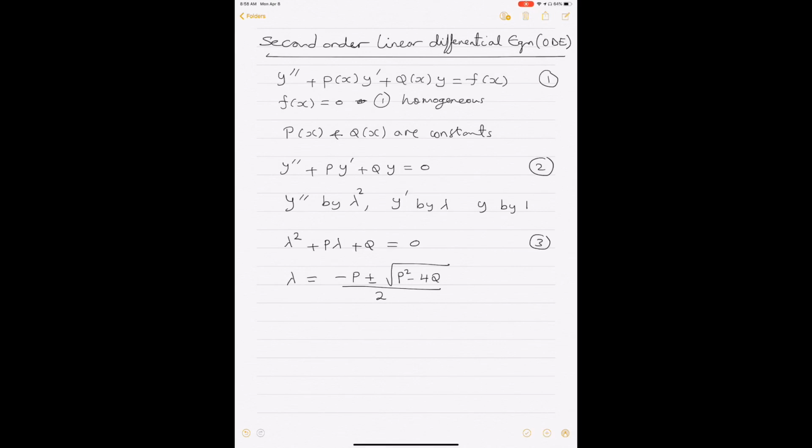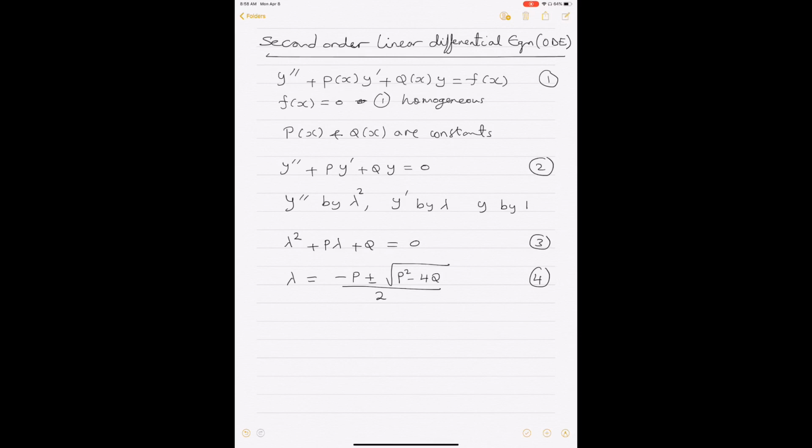This is the standard formula to solve a quadratic equation. Any quadratic equation could either have real distinct roots, so two solutions, or real and equal roots, so just one root, or two complex conjugate roots.